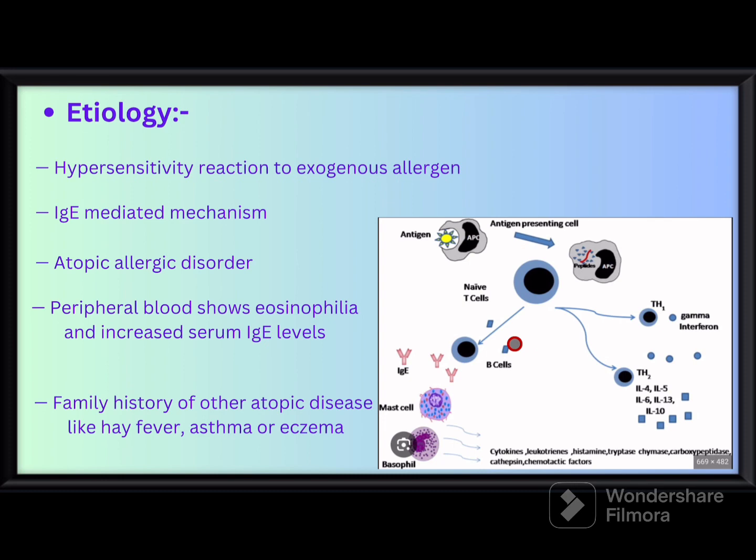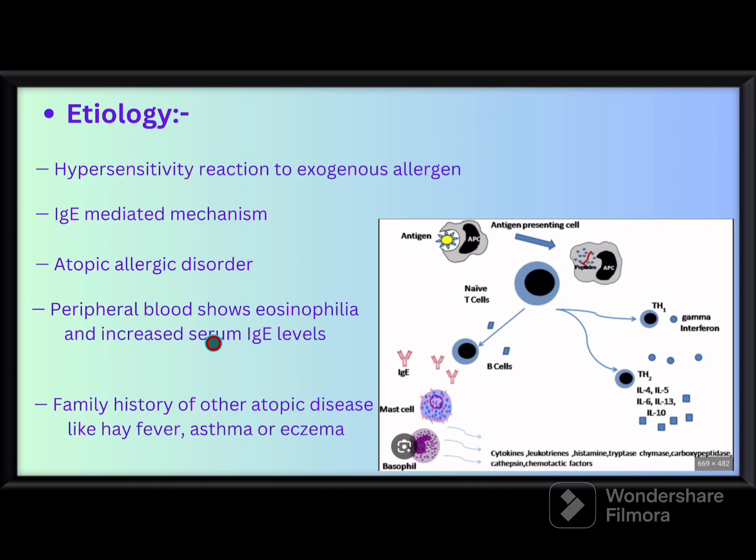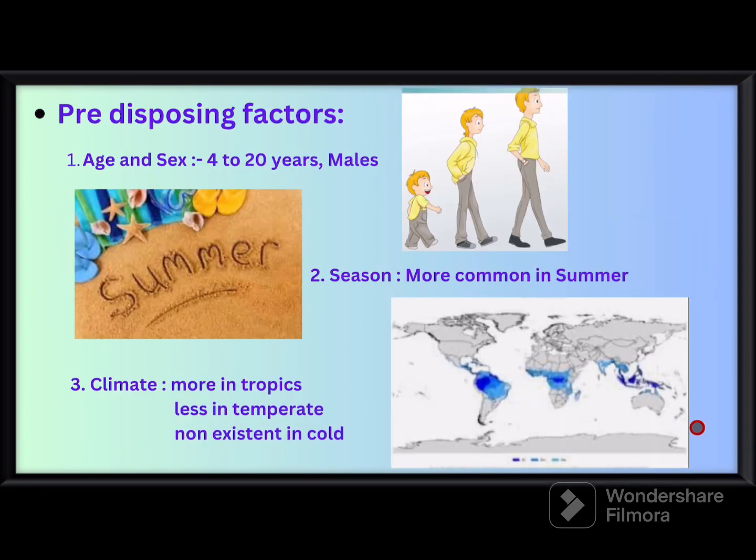If you ask for the personal history, then the patient might also give you a previous history or a family history of other atopic diseases like what? Like hay fever, asthma or eczema. Peripheral blood shows eosinophilia and increased serum IgE levels, right? So what are the predisposing factors?